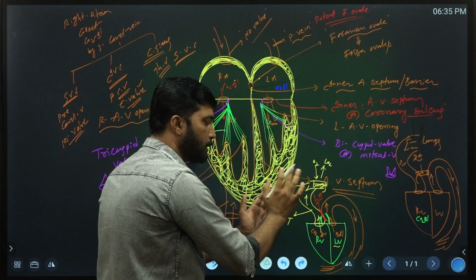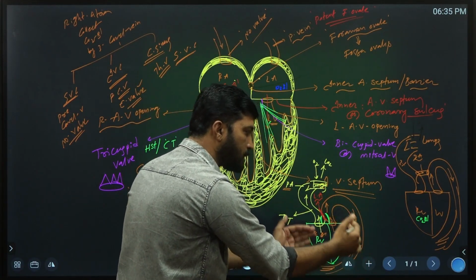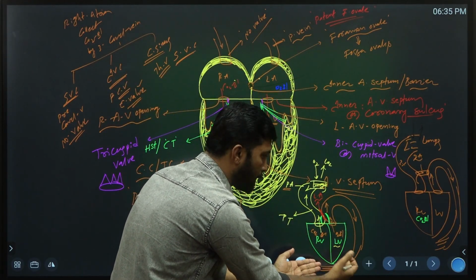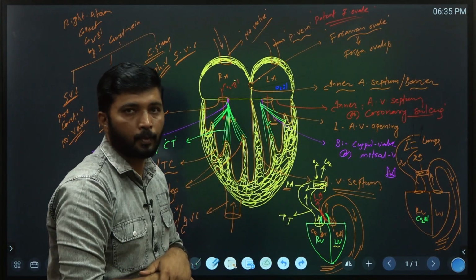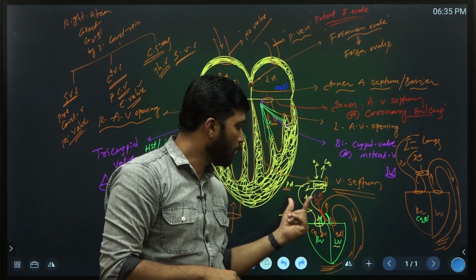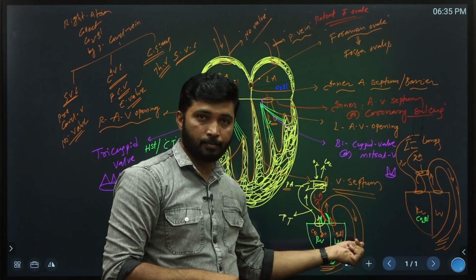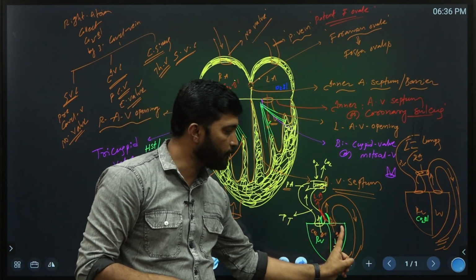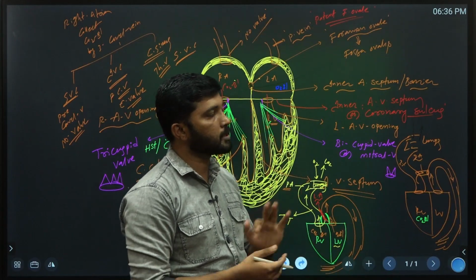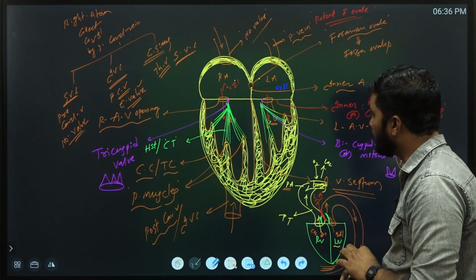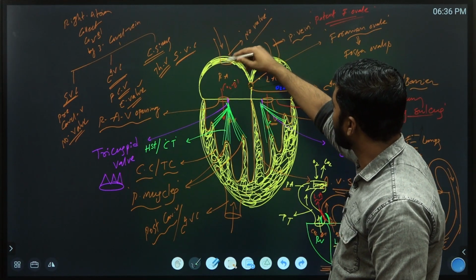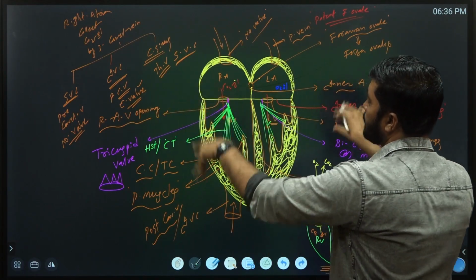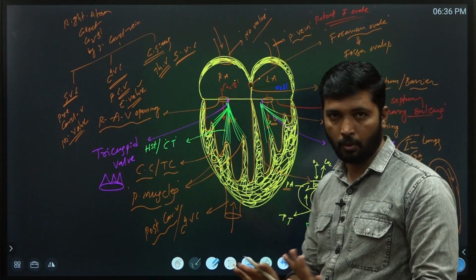Both the right and left semilunar valves forward blood to the different trunks from the different ventricles and prevent backflow. So this is the ventricle structure. So finally, the ventricles: the upper two chambers, the lower two chambers, with diagrams and functions, closed.